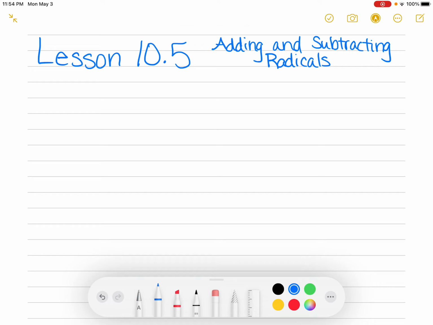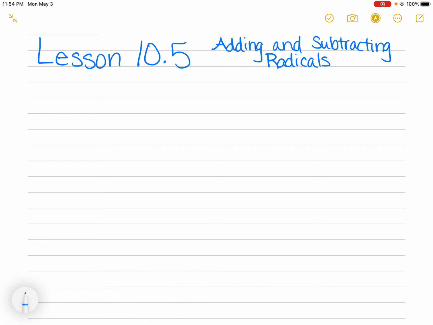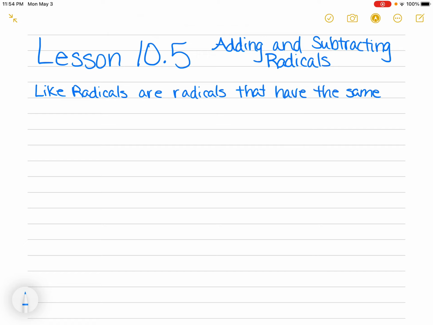Okay, so we're going to talk about like radicals. Like radicals are just like terms. Like radicals are radicals that have the same radicand, which is what's inside the radical sign, and the same index.